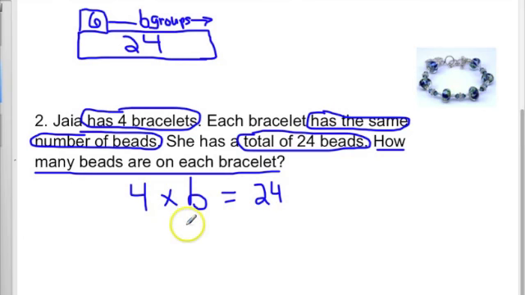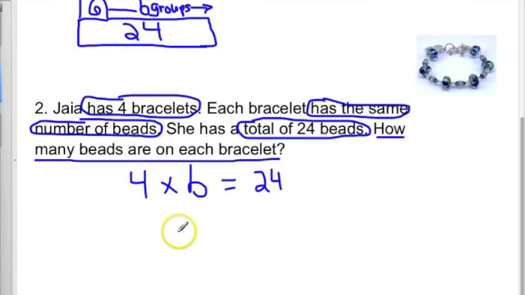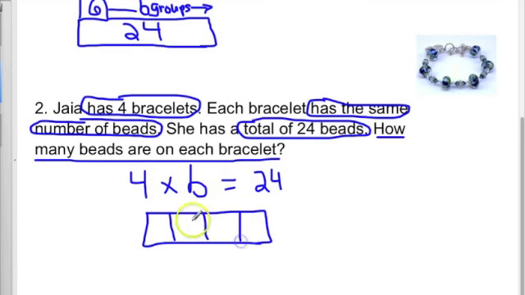Then I need to take this and put it into a model. Since I'm looking for the number in each group, I'm going to model this a different way than before. 4 times b is familiar to us. We remember making our multiplication expression, and we divided our rectangle into the equal parts, and then we put our variable inside of each of the parts.